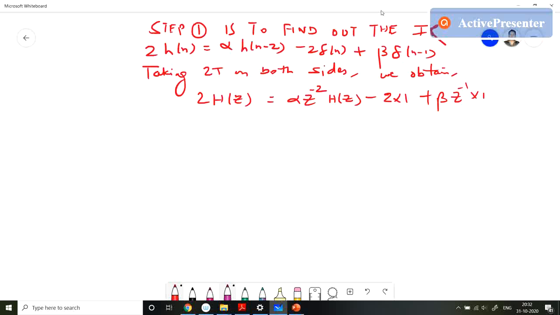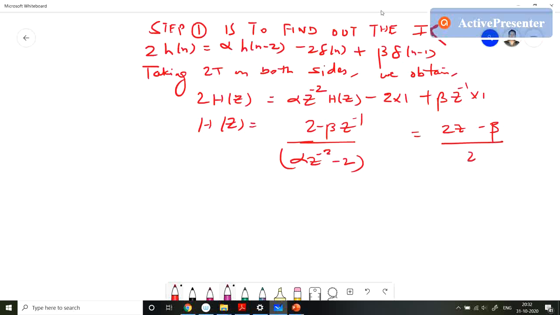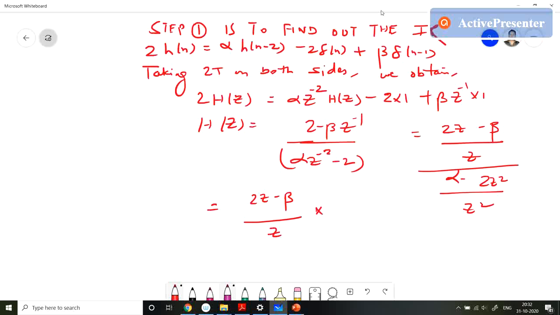Now we find that hz is equal to 2 minus beta z raised to the power minus 1 divided by alpha z raised to the power minus 2 minus 2, and that is equal to 2z minus beta divided by z, divided by alpha minus 2z square divided by z square, and it is equal to 2z minus beta divided by z into z square divided by alpha minus 2z square.